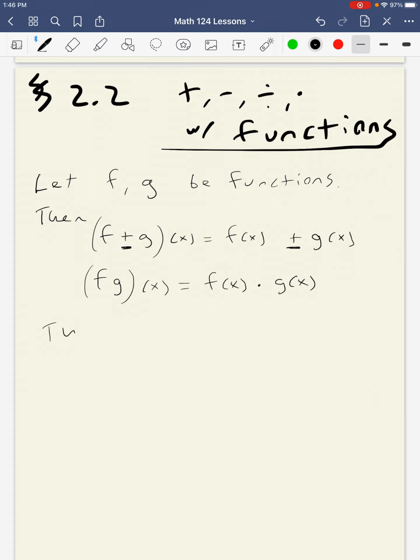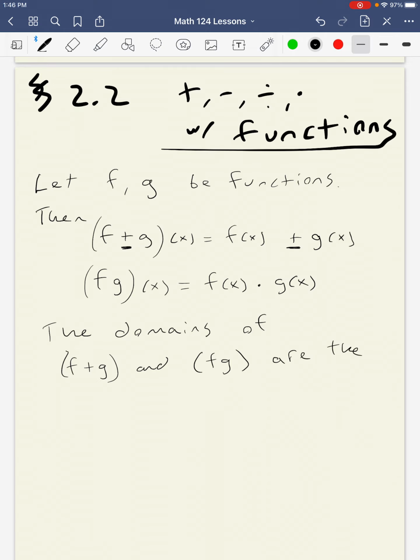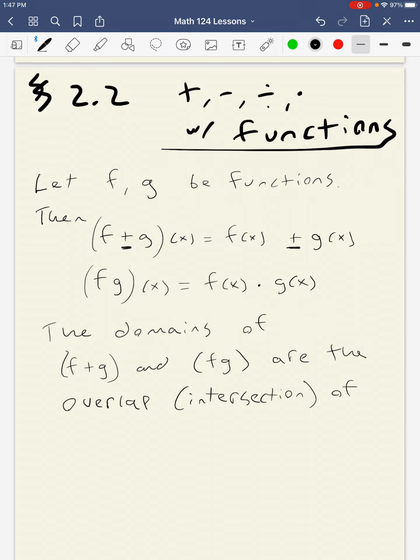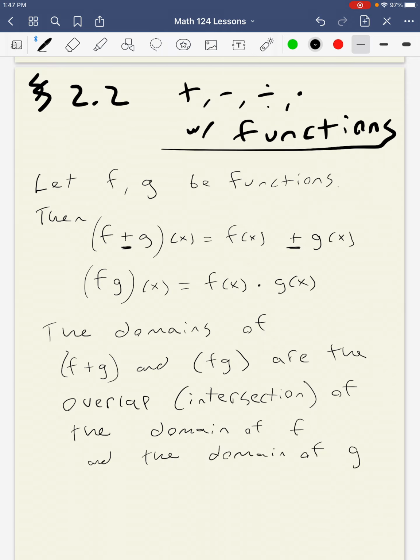Now the domains of f plus g and f times g are the domain, or let me rephrase that, are the overlap, or we could use the word intersection, they mean the same thing, of the domain of f and the domain of g.